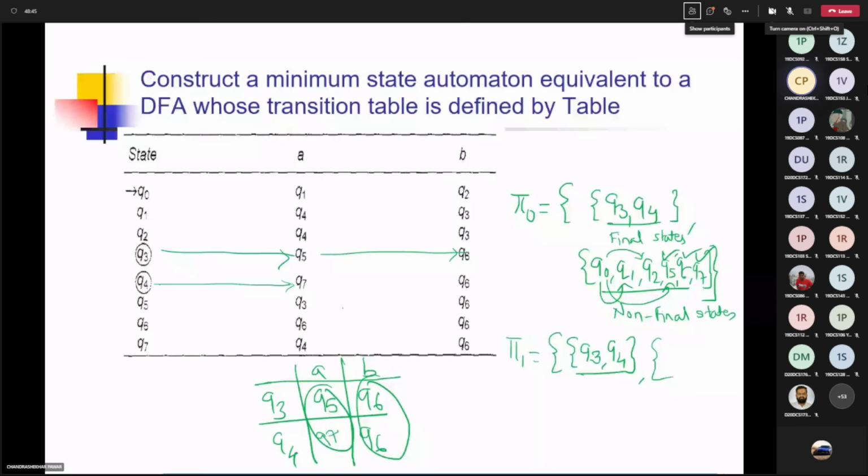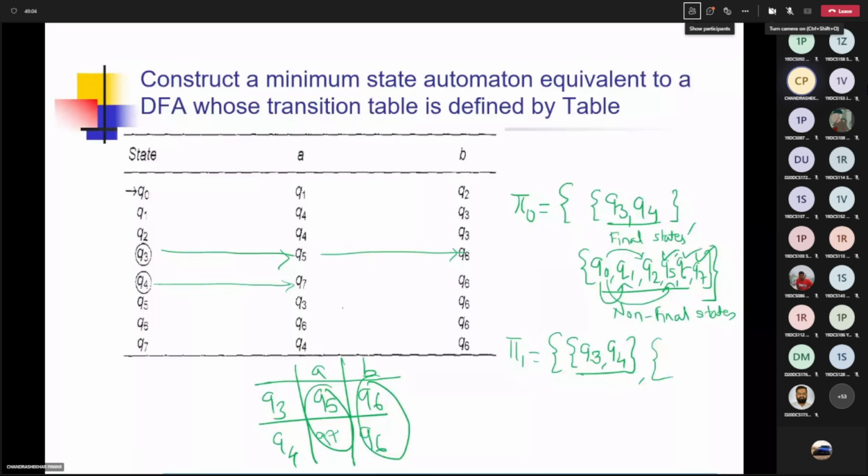Second, if there is more than one final state, these final states most probably remain equivalent throughout pi 0, pi 1, pi 2, pi 3. Okay, so please remember this.